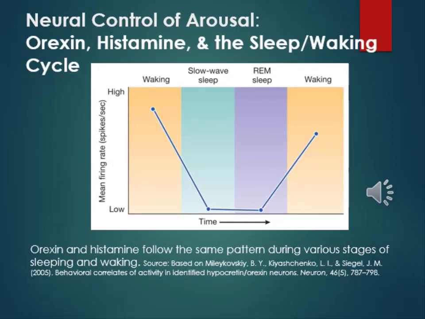Histamine and orexin follow a similar pattern in that they are lowest during slow wave and REM sleep and higher when we are awake. In the case of histamine, histaminergic neurons, the neurons that use histamine, are located in the tuberomammillary nucleus of the hypothalamus.